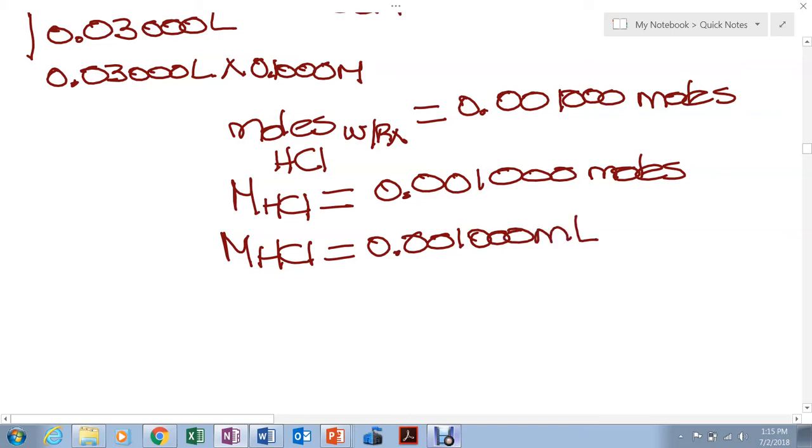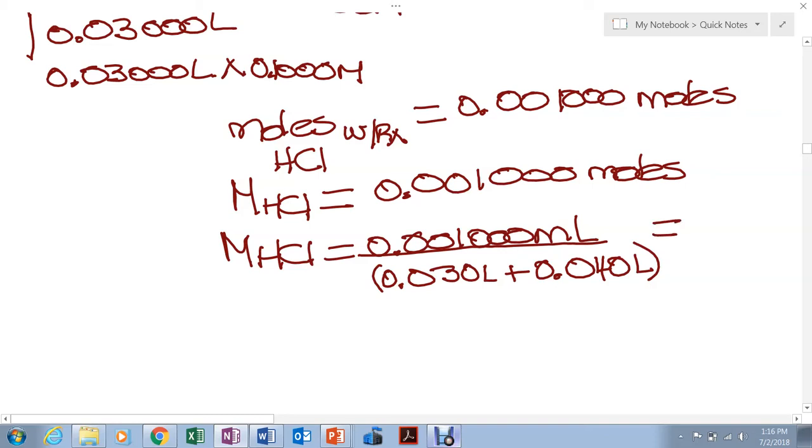divided by the total volume, which I'm going to write down again, breaking down: 0.030 liters plus, initially we had 0.040 liters. So this is equal to, I'm going to put it on the bottom, HCl. I'm breaking it down.